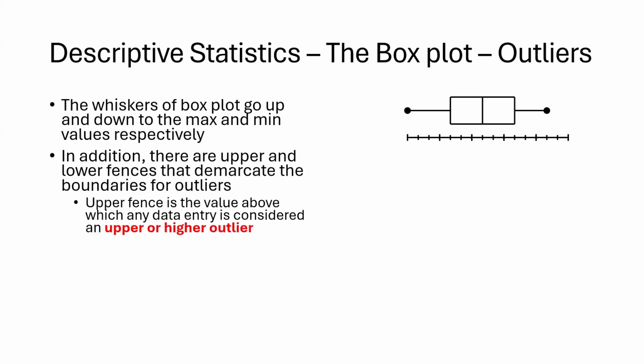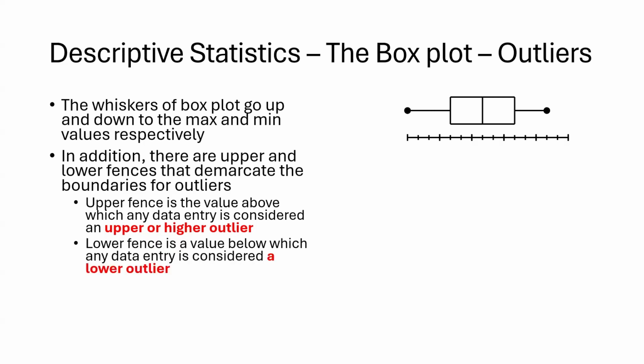The upper fence is the value above which any data entry is considered an upper or higher outlier, and similarly, the lower outliers are those below the lower fence. To calculate the upper fence, we have this expression that we saw in one of the earlier slides also. This is Q3 plus 1.5 times the IQR. So now we know how to calculate the interquartile range.